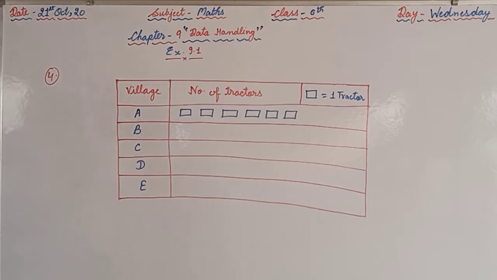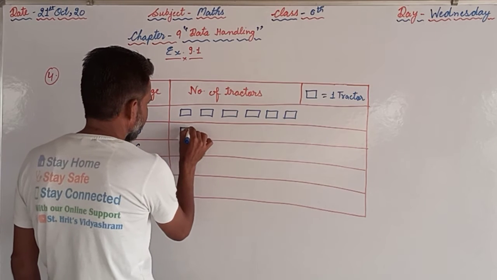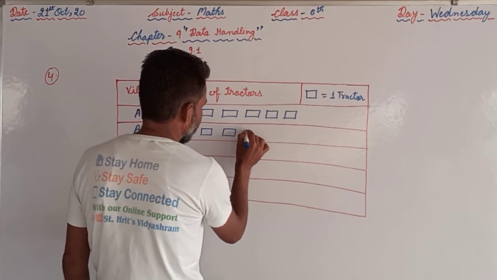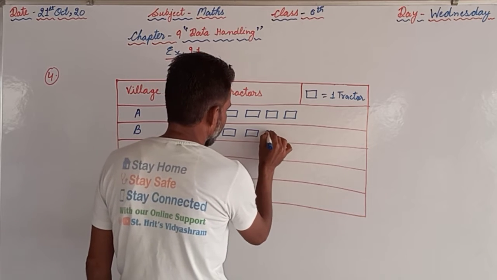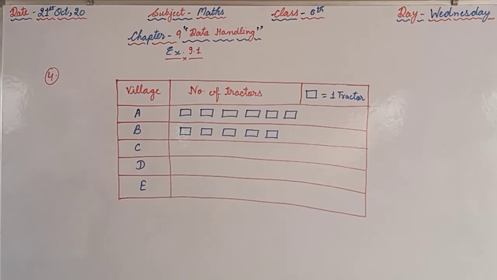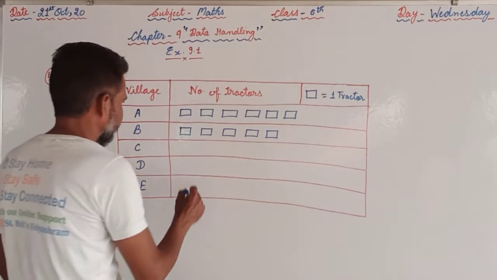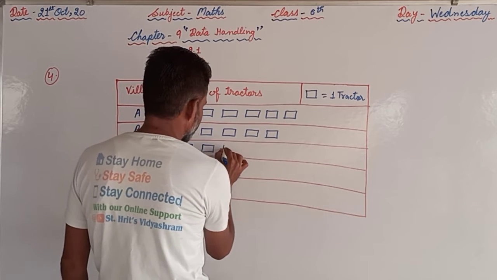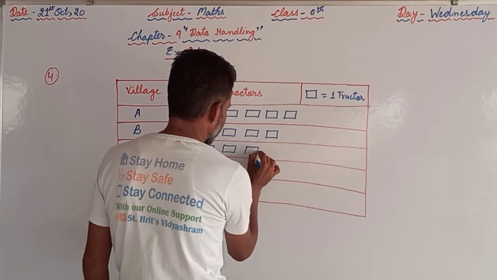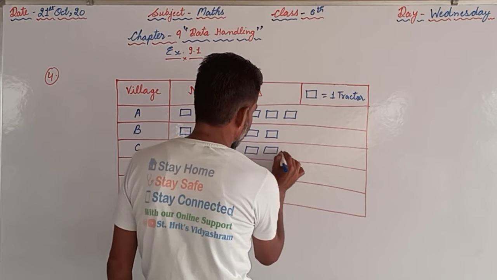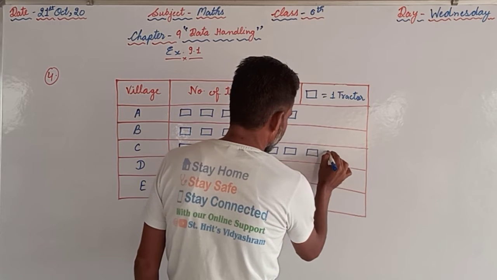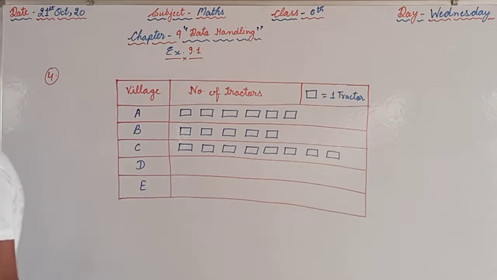In B, 1, 2, 3, 4, 5. Then in C 8 are there. 1, 2, 3, 4, 5, 6, 7 and then 8. 8 boxes are there.